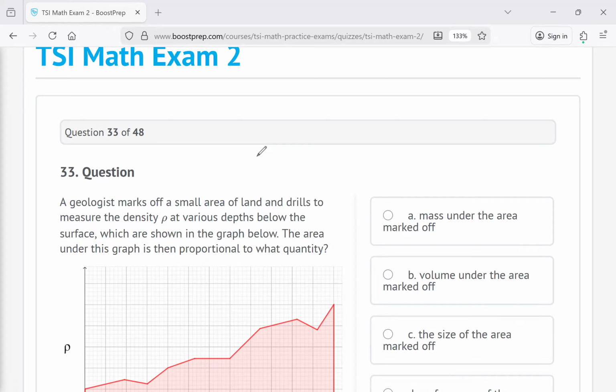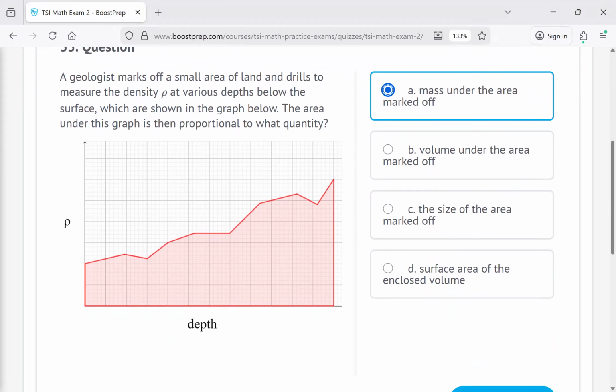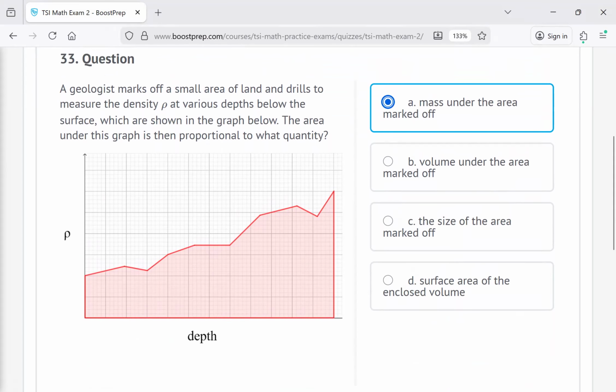I believe it would be mass under the area. So I think it's A. Let me show you. Here in the graph, you have x as the depth and the height as the density. The reason is that the units of the area under the graph must be the product of those of the x and y axis. We've noted that the product of depth and area is the volume, and the product of density and volume is the mass.